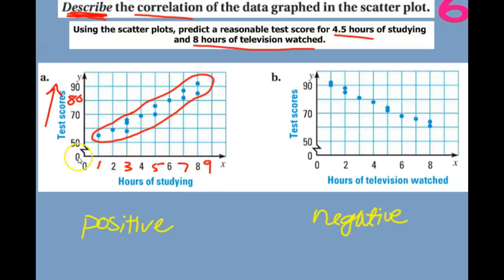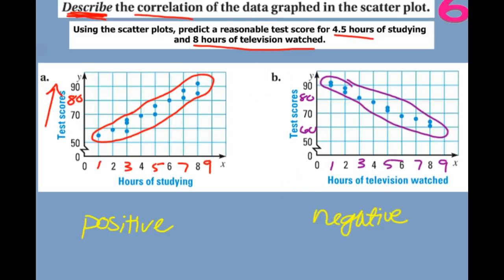So as the number of hours you study increases, your test score will also increase. But in the other graph here, the more hours you watch TV or on your phone or your iPad, your test score is going to go down. This is a negative correlation. It's going to go down.